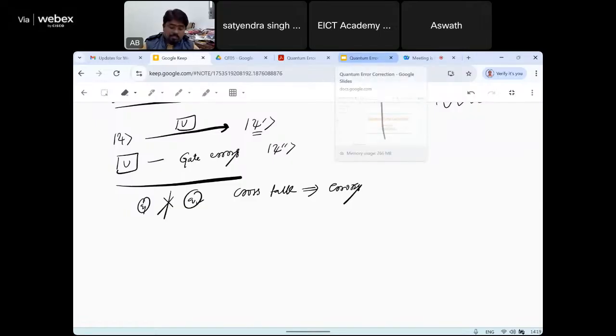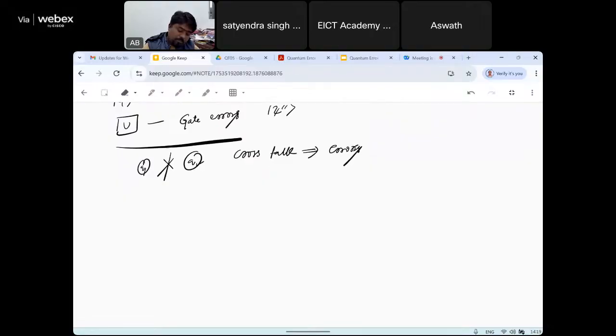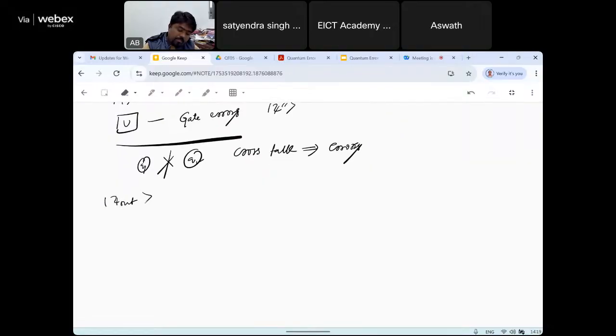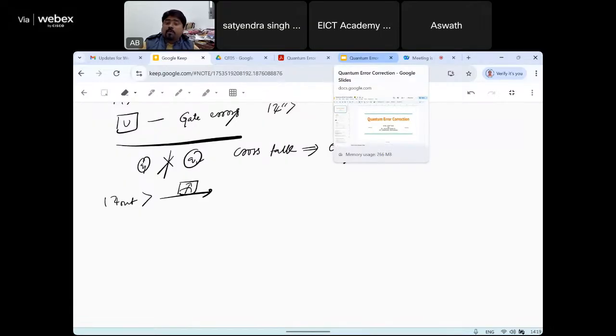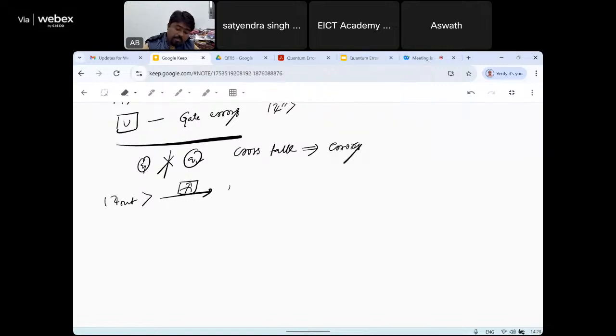And one more thing: I get some psi out and I want to extract the information. I will make a measurement, but the way I'm making the measurement, I have some issues. My measurement toolkit has an issue, which will lead to errors due to problems in measurement tools and measurement methods.